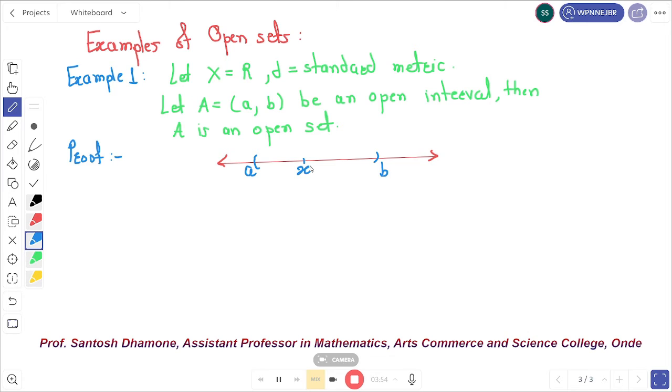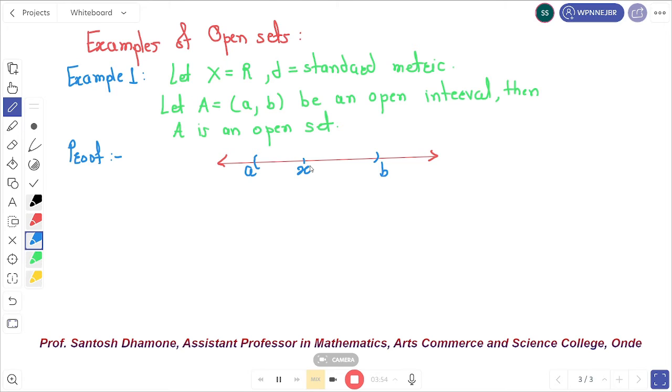Let y belong to the open ball about x with radius r, which is the open interval x minus r to x plus r.